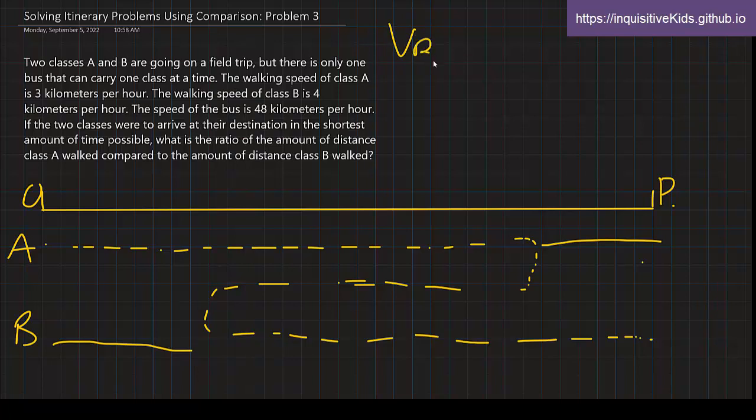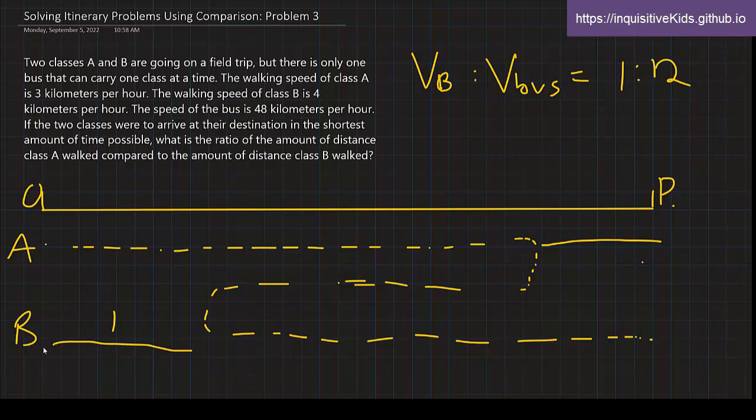So, the velocity of B compared to the velocity of the bus is equal to 4 compared to 48, which is equal to 1 to 12. So if this amount were 1 unit, then the distance the bus traveled while B walked this much was 12 units.